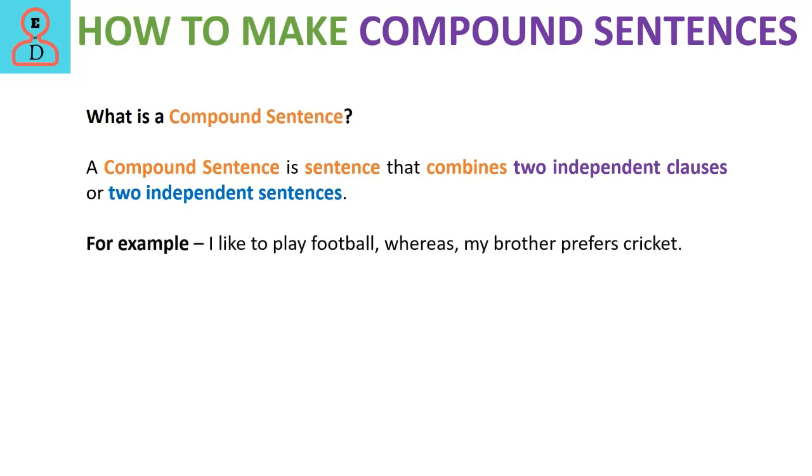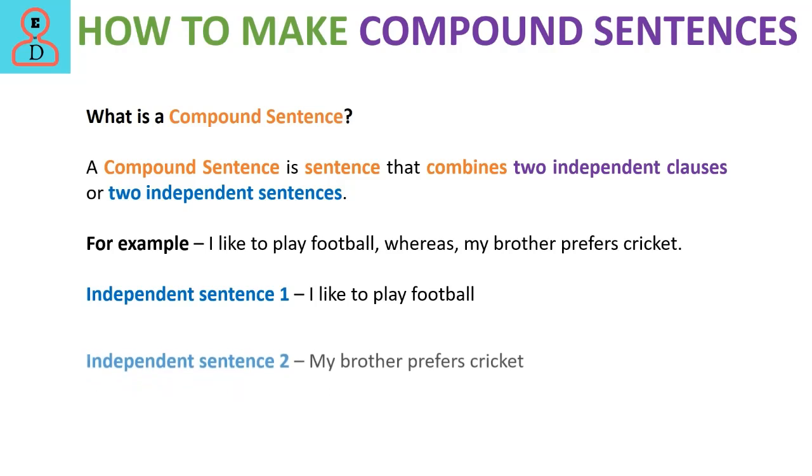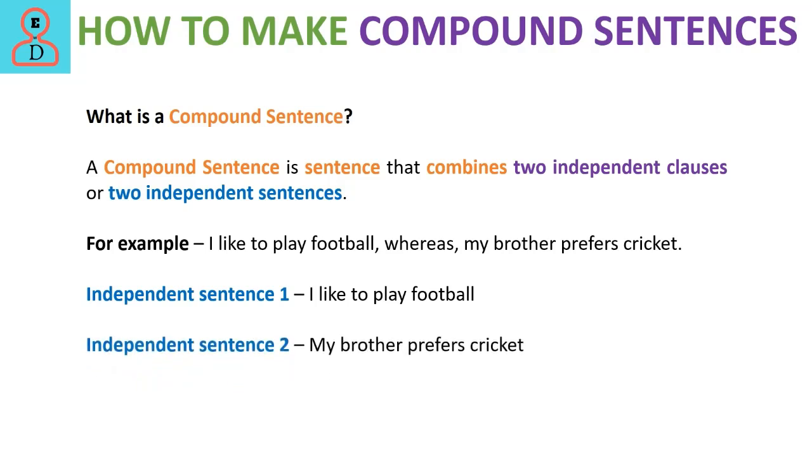In the example, there are two independent statements. There is no condition or cause and effect here. In the sentence, there are two different persons with their individual choice of sport. So, that is how a general compound sentence looks like.